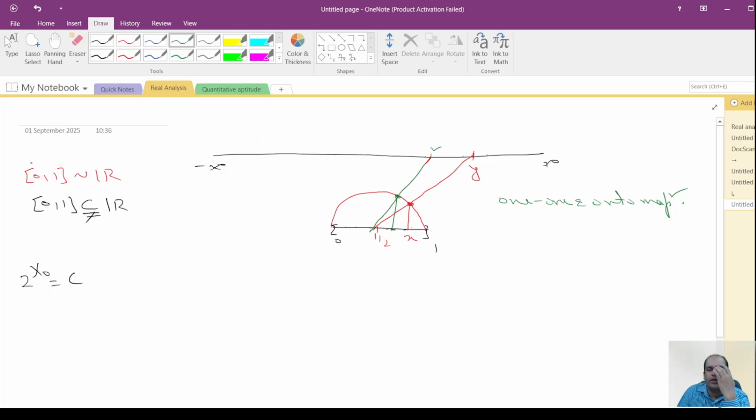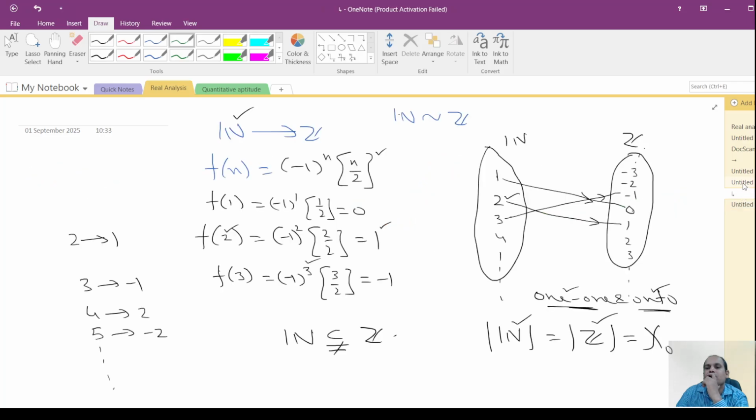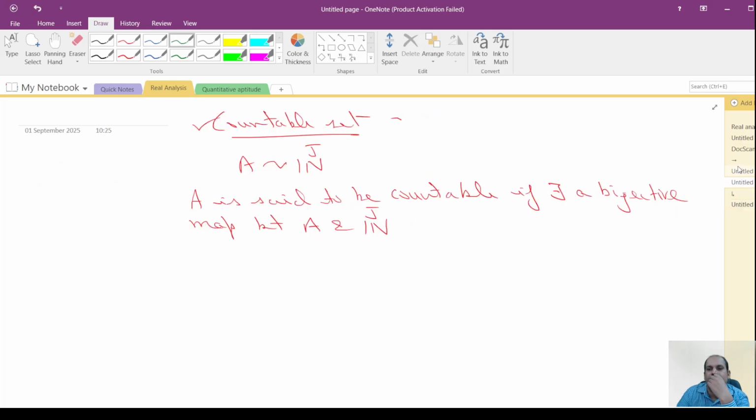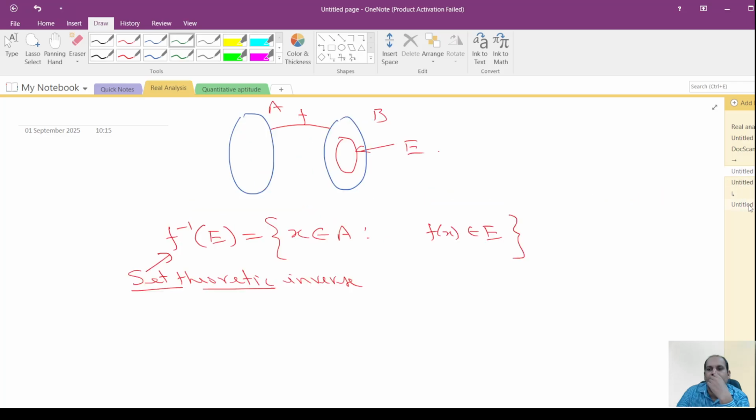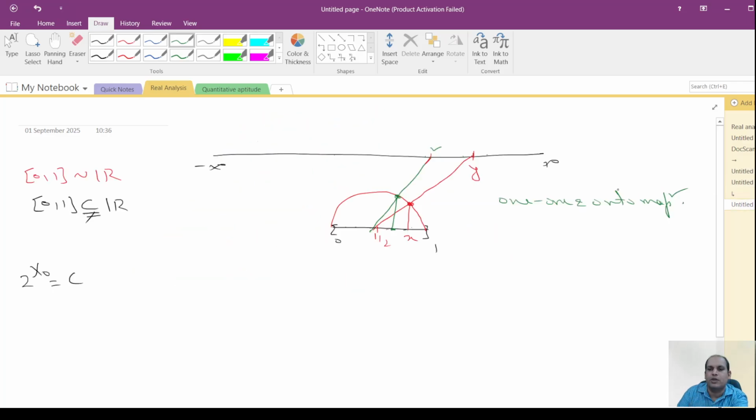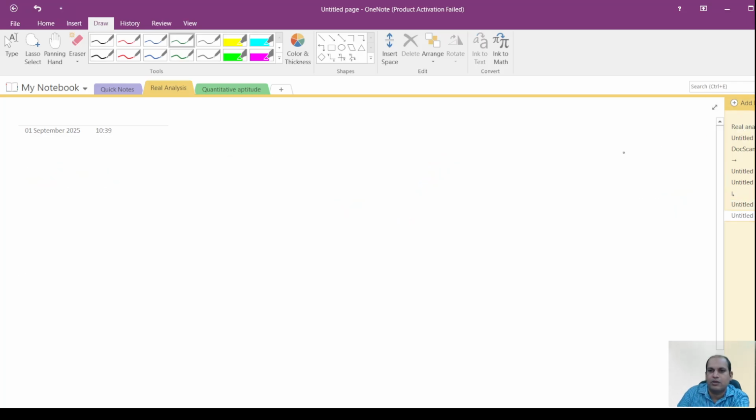Now, another advantage of understanding the concept of countable and uncountable sets is that we will use it in this union concept. Say A_i is a family of sets.